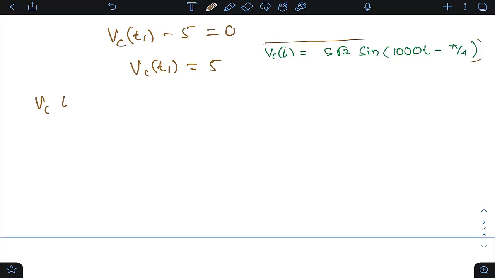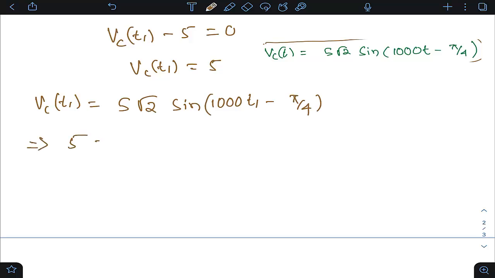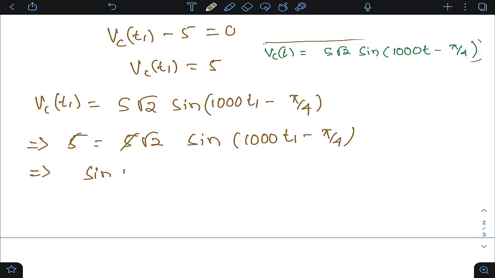VC(t1) is equal to 5 root 2 sine of (1000 t1 minus pi by 4). So 5 is equal to 5 root 2 sine of (1000 t1 minus pi by 4). 5 cancels out, so 1 by root 2. So sine of (1000 t1 minus pi by 4) is equal to 1 by root 2, if I am not wrong.